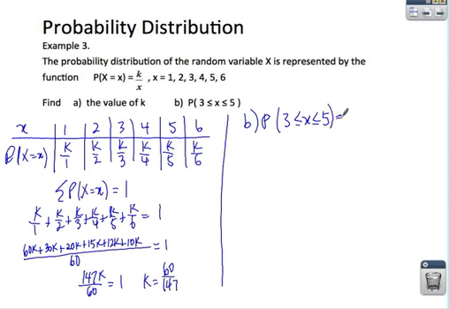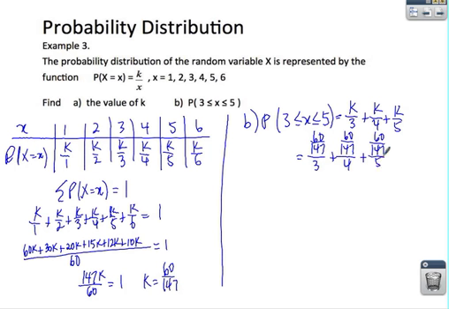So really what we want from the table is the probabilities k over 3 plus k over 4 plus k over 5. Now that we know k, we have 60 over 147 over 3 plus 60 over 147 over 4 plus 60 over 147 over 5.